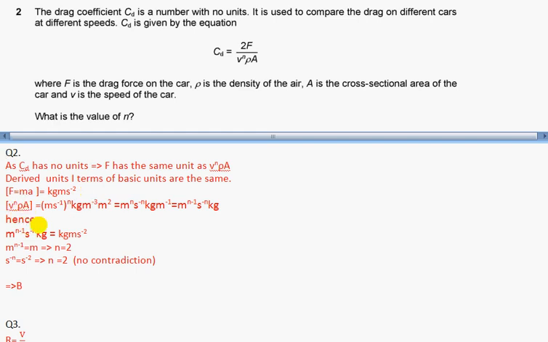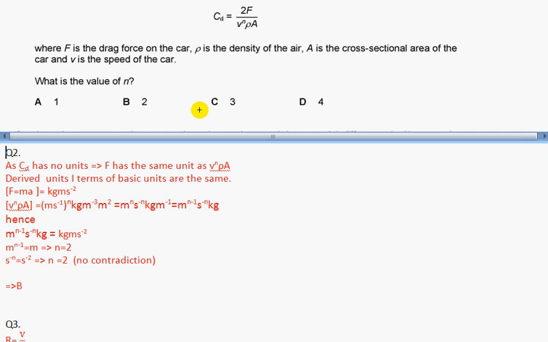Vⁿ ρ A, so V is speed meter per second raised to nth power, then kilogram per meter cubed, meter squared. Then we open this bracket, raised to n, and then we balance. So this should be equal to this. From this we get n equals 2 and n equals 2. So no contradiction. We choose answer B.